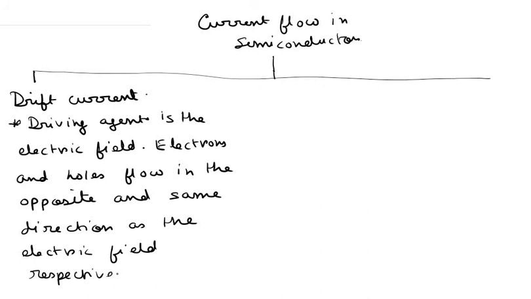So electrons have a negative charge, so they move opposite to the direction of the electric field. Holes on the other hand have a positive charge, so they flow in the direction of the electric field. And the other current component is known as the diffusion current.